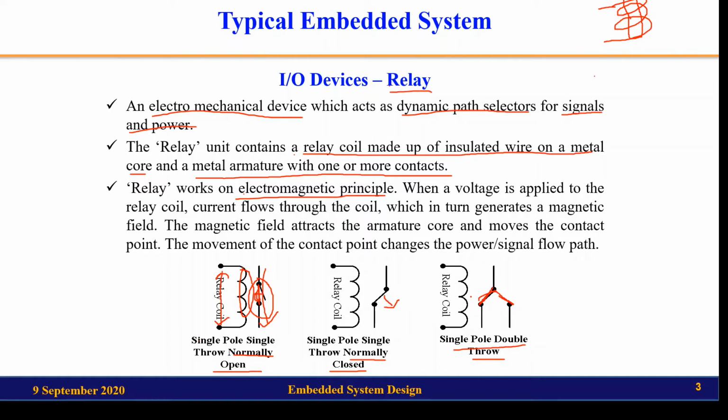Normally one will be closed and the other will be open, and whenever it is powered up, the first one which is connected will change to the second one closed. Like that, this relay can be used for forming the path for signal or current, or we can say signal or power.